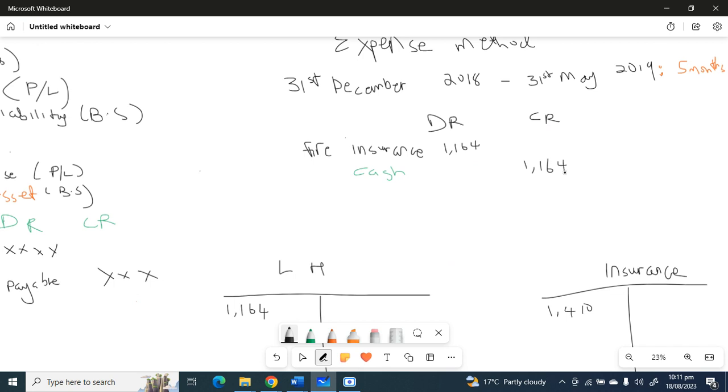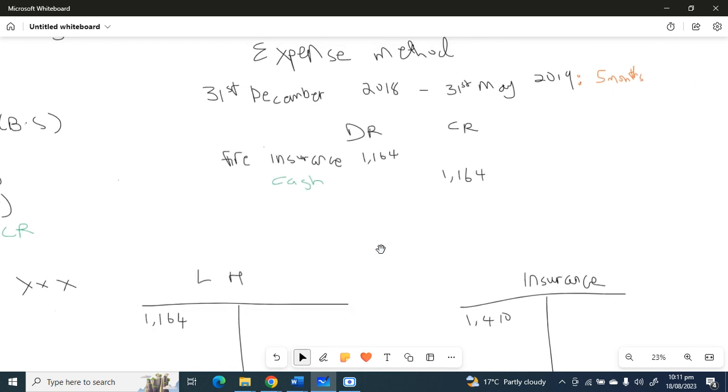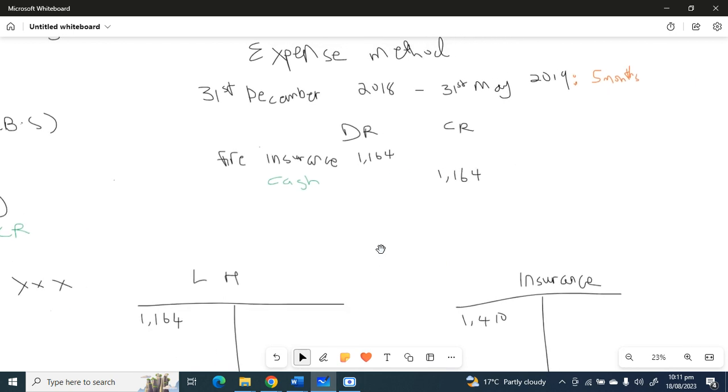Now let me illustrate to you how the prepayments work in the expense method. If it comes to 31st January 2019, the first month, I'll show you how we do the adjusting entry. With prepayments, first you want to find out the monthly expense. This amount paid was 1164 and this prepayment is for 5 months.